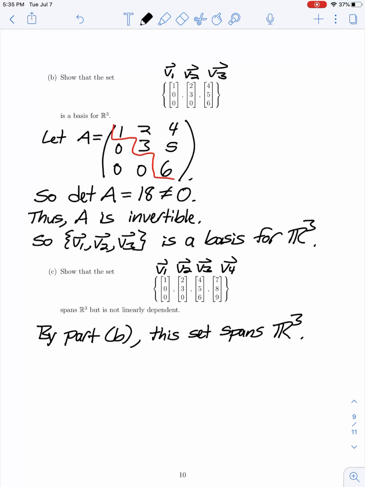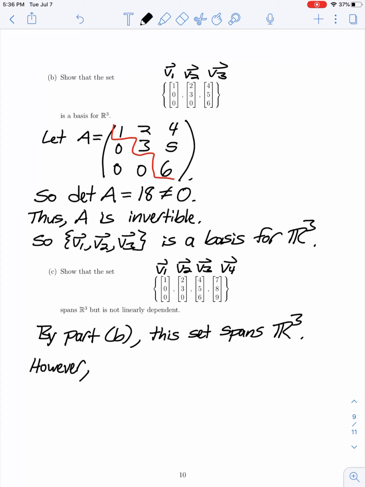However, this set is not linearly independent because we have four vectors of dimension 3. Recall from chapter 1, we had a result where if you have more vectors than the dimension of those vectors, they cannot be linearly independent.